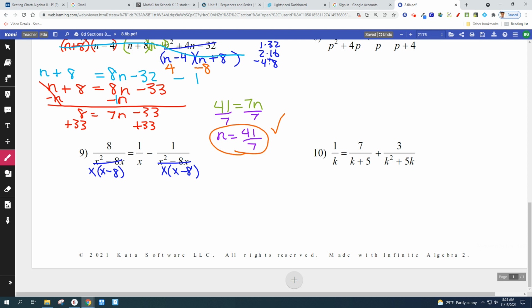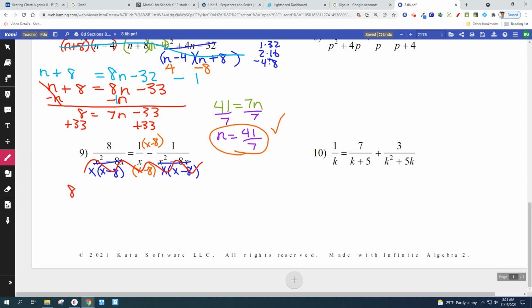Once you get to this point, it should be obvious to you that the middle one is going to need an x minus 8. So once we give it x minus 8 and the denominators are the same, we can multiply both sides by that denominator and it wipes it out. So let's just look at the top then.